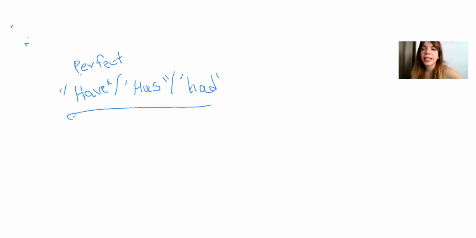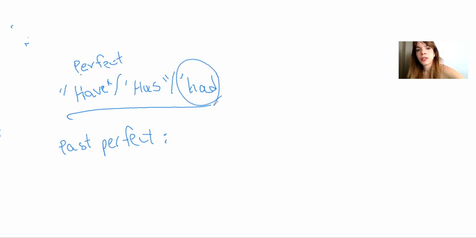We add one of these to our verb. And not only that, but for the perfect tense, you also can get an internal change. Okay? So let's do the past perfect. So an internal change on the lexical verb. Past perfect of cling: I had clung.